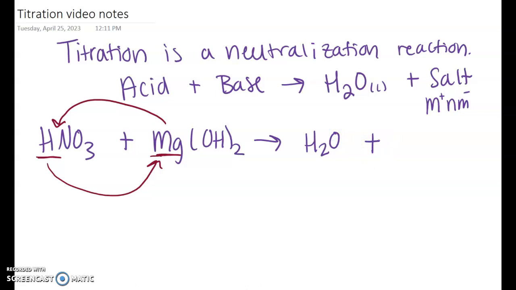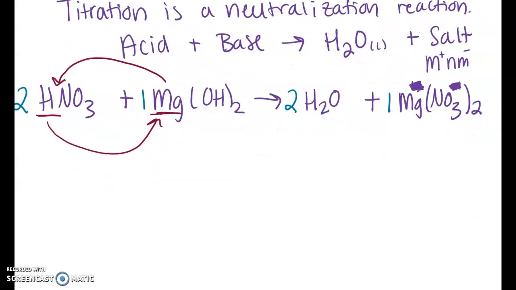And then my leftover is going to be my cation of magnesium bonded to nitrate. Now these charges don't add up to 0, so I need to crisscross. So my final equation is going to be Mg(NO3)2. Once I balance out this reaction, I'm going to see that I need 2 nitric acids and 2 waters. Everything else will get a coefficient of 1.